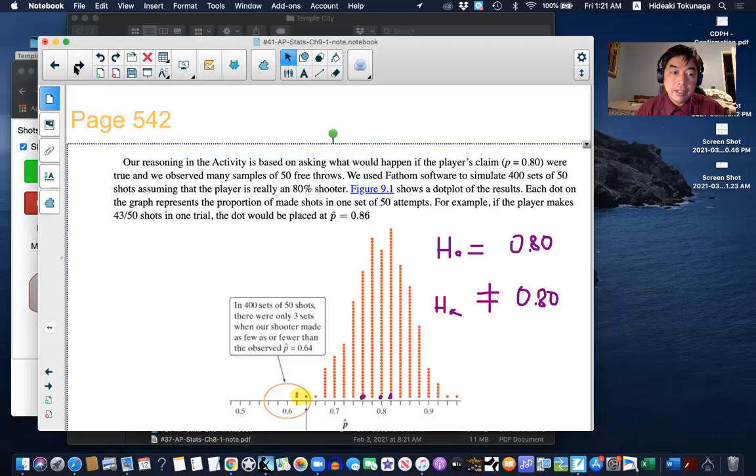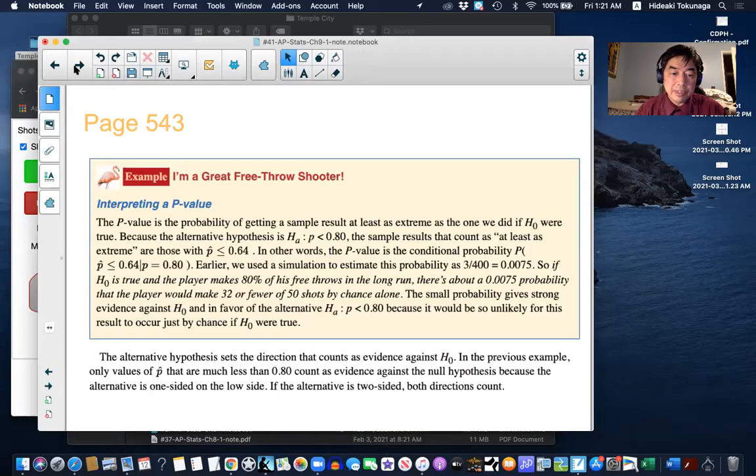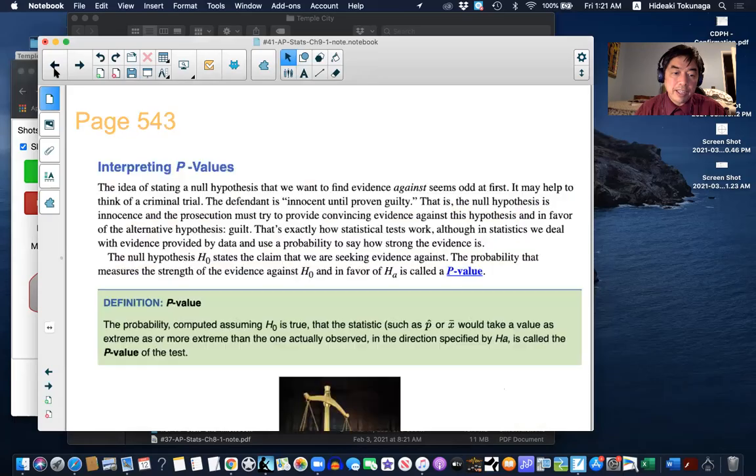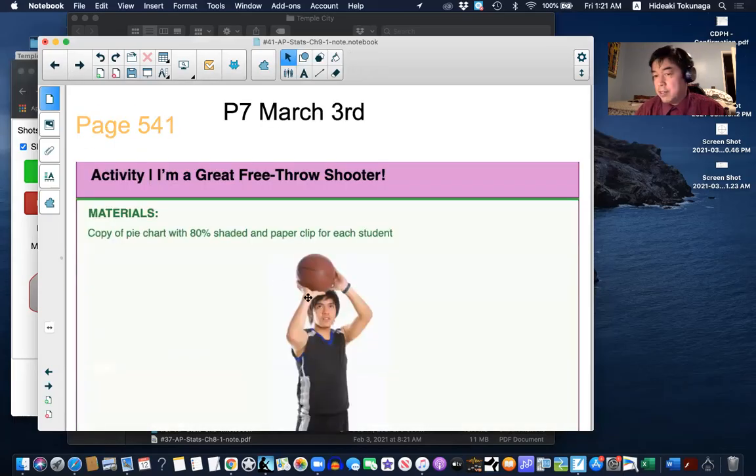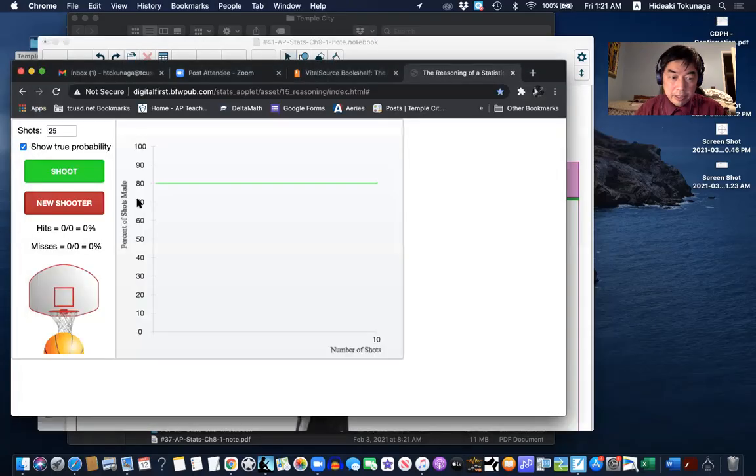Who is this kid? Let me show the photo of that kid right here. So he claimed he has an 80% shooting rate. So I will simulate here. Okay. Oh, very good.